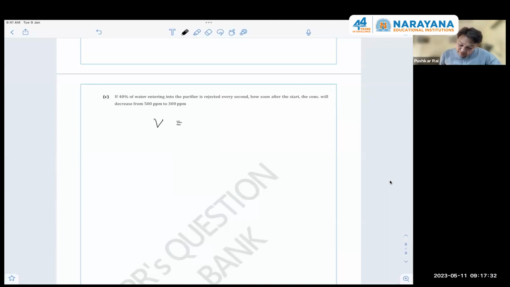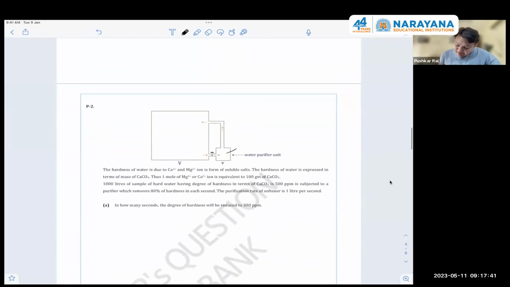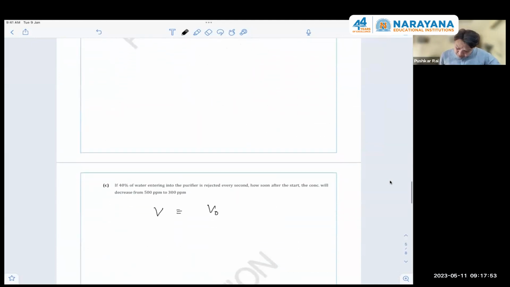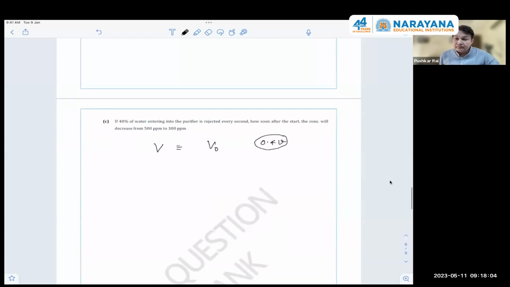So V equals some initial volume, and every second some volume is entering. Suppose this small v volume is entering every second. If some time t is taken, what volume has been rejected? It is said that 40% of water entering the purifier is rejected every second, that means 0.4 into small v is rejected every second.